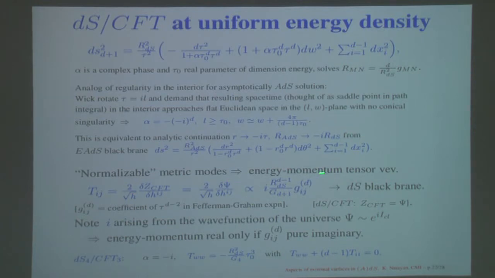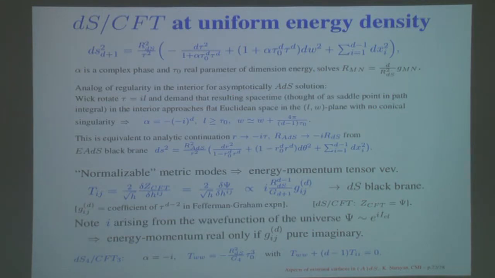That i filters through here, and the rest is the variation of the action itself. One can do this calculation as in AdS, defining boundary counter terms and so on, but this i still persists. Okay. So in particular, what this means is that the energy momentum tensor here is real only if this quantity is pure imaginary.